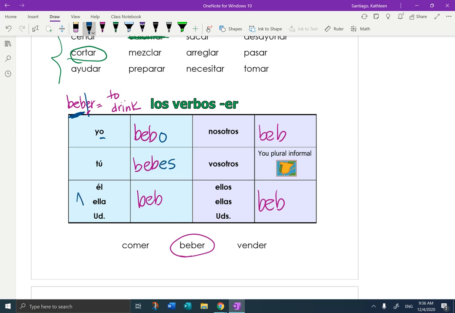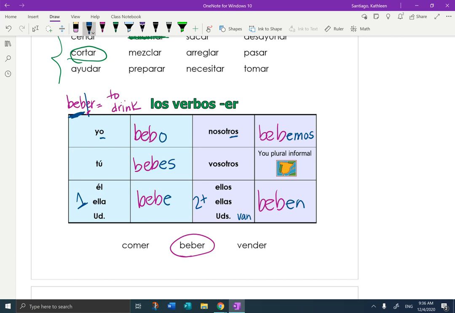Él, ella, usted, any one person, one vowel, bebe. Nosotros ends in os, and so does this, bebemos. Ellos, ellas, ustedes, any two or more people, they go in the van, so it's beben. So it's o, es, e, emos, en: bebo, bebes, bebe, bebemos, beben.